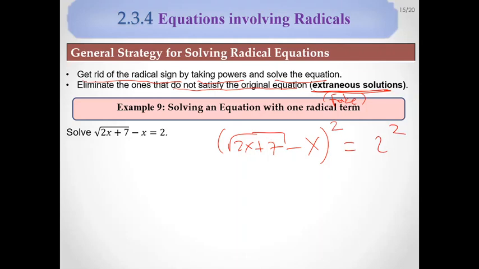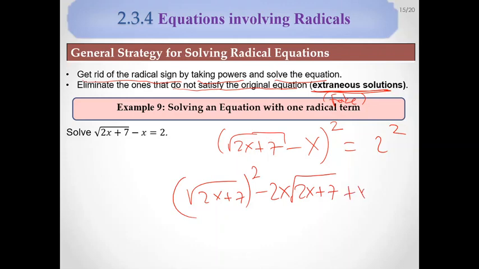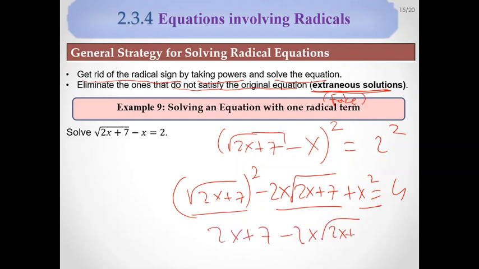Taking the square is okay, but this won't help. Why? Because it will give us a more complicated result. So this will give 2x plus 7 and then minus 2x, and you know, it will be more complicated.